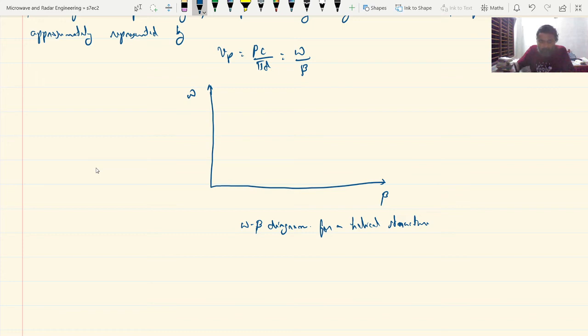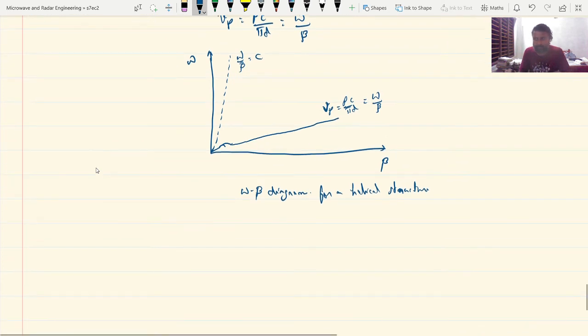Somewhere here omega by beta equal to c, and the slope will go like this, that is Vp, which is nothing but pc by pi d, which is nothing but omega by beta.